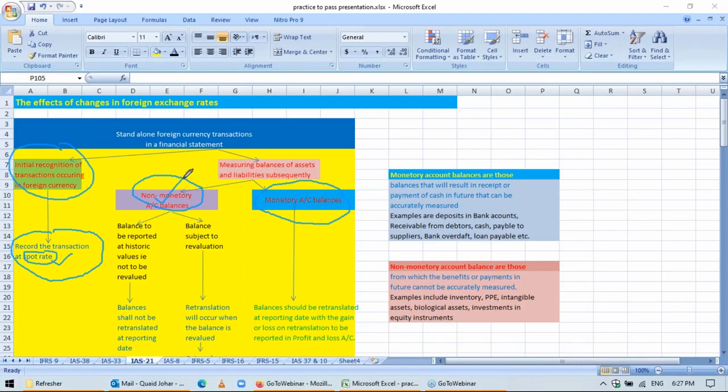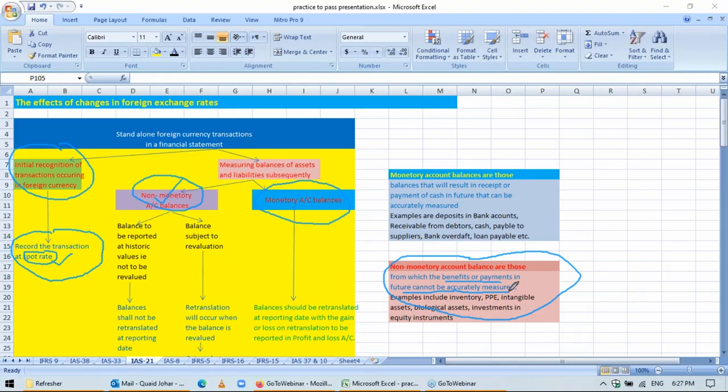Now what is a non-monetary asset and what is a monetary asset? It is defined on the right hand side of your screen. If you see the light maroon color block, non-monetary account balance is one from which the benefit or payments in future cannot be accurately measured.